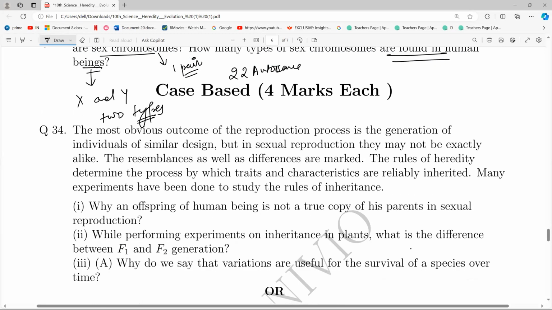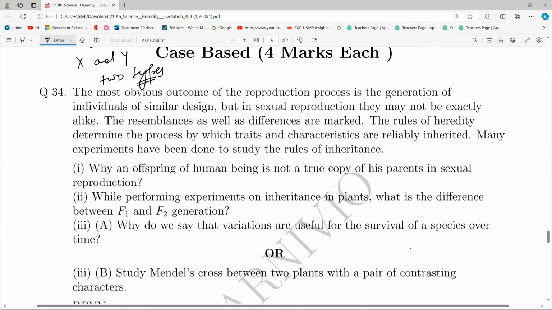Next, a case-based study question may be asked. So read this question number 34 first.